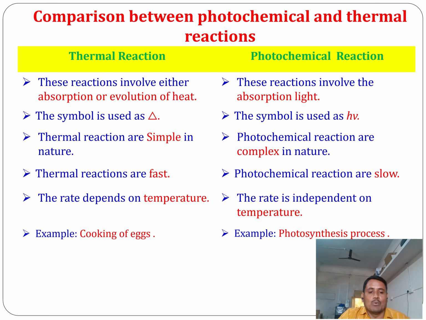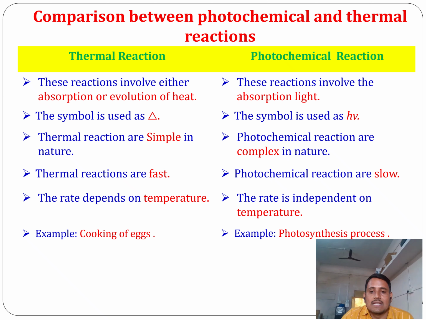Now the major components, that is, a comparison between photochemical and thermal reactions. We know that thermal reactions occur due to the absorption and evolution of heat energy, but photochemical reactions happen due to the absorption of light radiation. In thermal reactions the symbol used is delta.